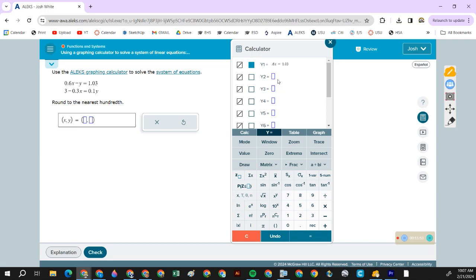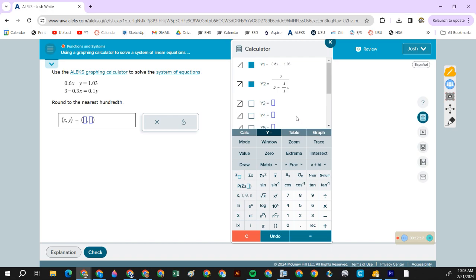Thank you. Okay. And then this one, we just need to divide by 0.1. So 3 divided by 0.1 minus 0.3 divided by 0.1, and x.